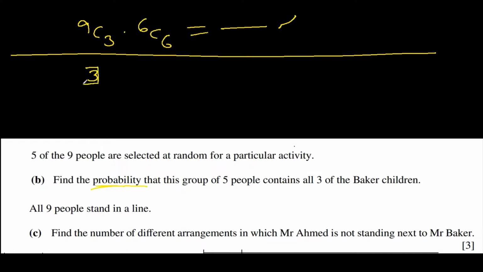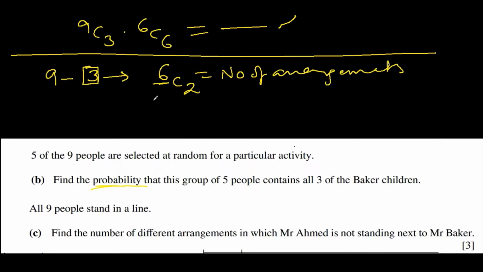So we don't have to touch them anymore. Who is remaining now? After 3 are selected, 6 are left, right? Out of these 6, we have to select any 2 people, right? And that will be our number of arrangements where the Baker children are there.